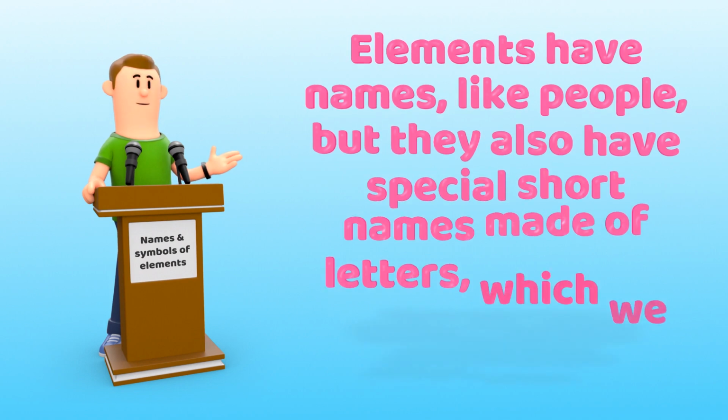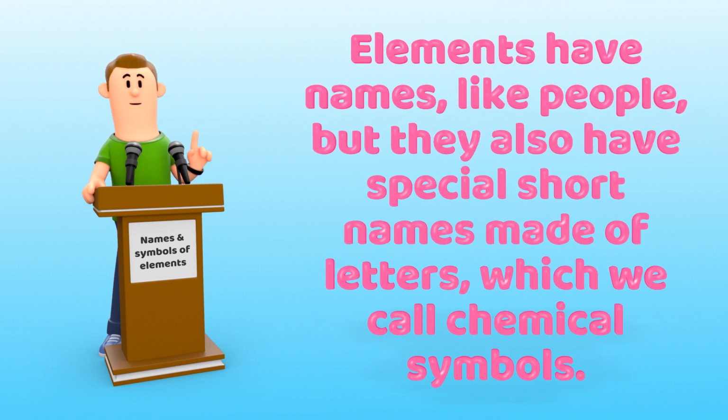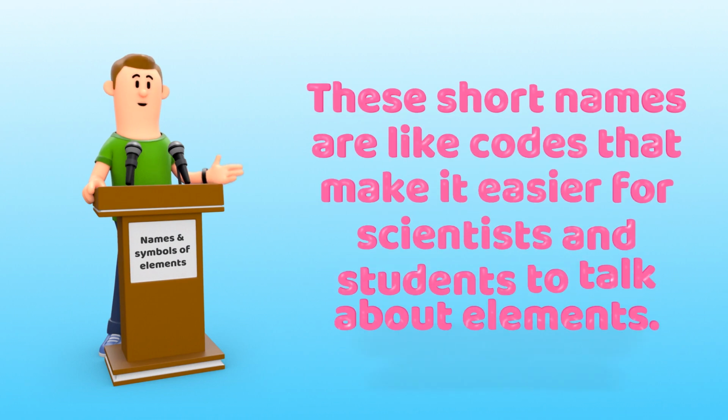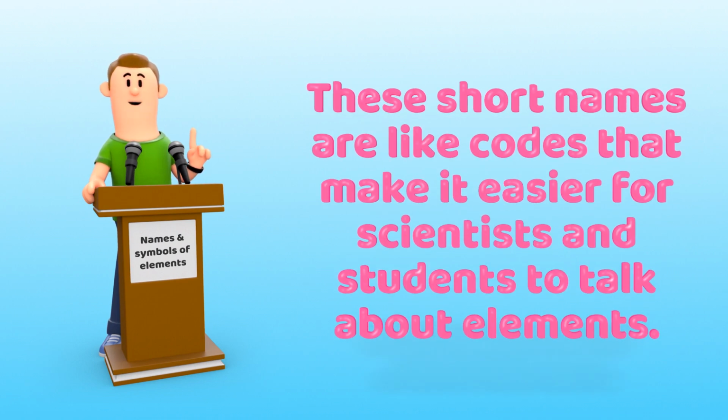Just like people, elements also have names, but they usually use special short names made of letters. These are called chemical symbols. These short names are just like codes, which makes it easy for scientists and students to talk about elements.